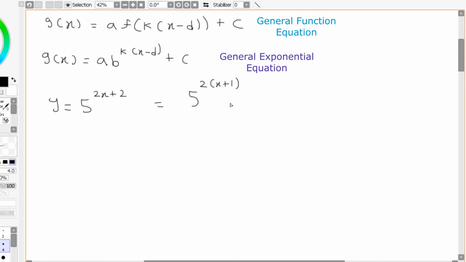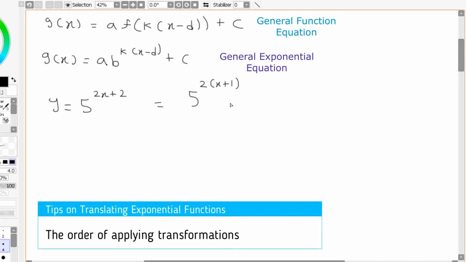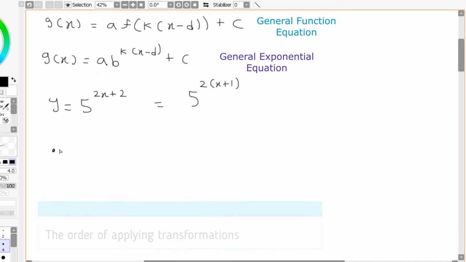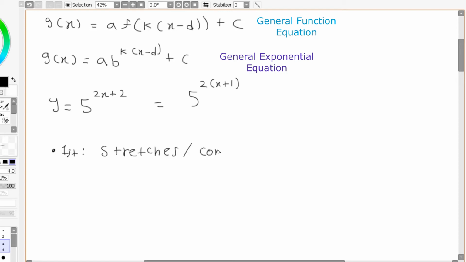Another tip is the rule to remember for the order of applying transformations, if you're doing them one at a time. Remember that first we do stretches or compressions and reflections. Stretches or compressions, they kind of go under the same thing.